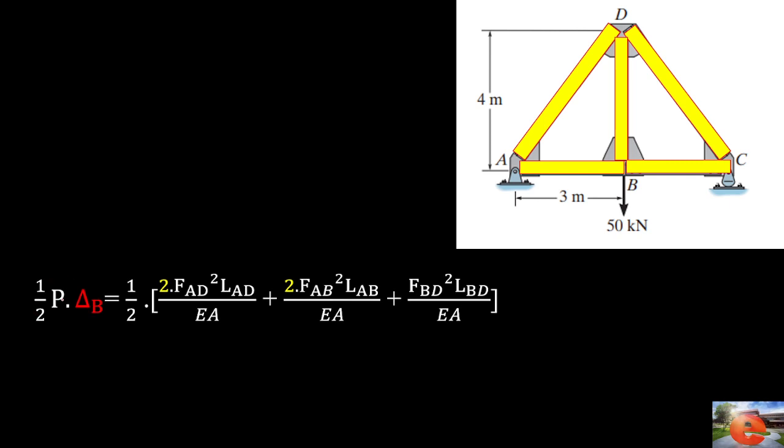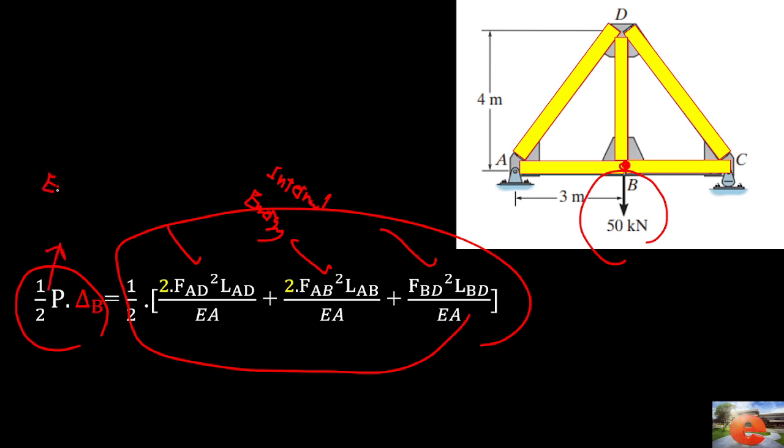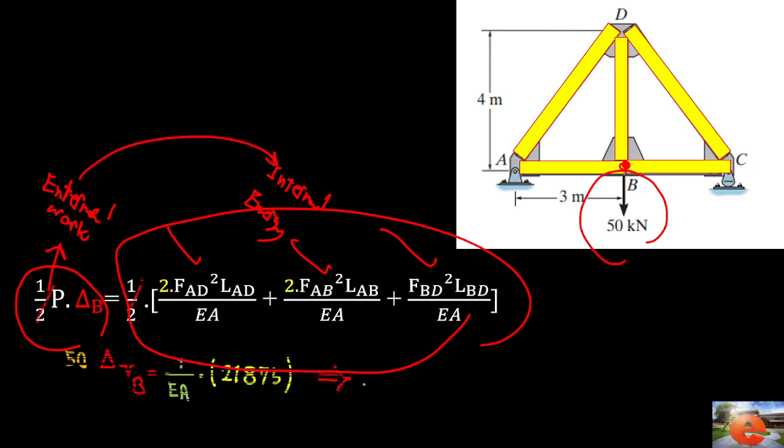Then a half of P times delta external, which applies at joint B, is equal to the summation of all members' internal energy. The external work is converted to internal energy.